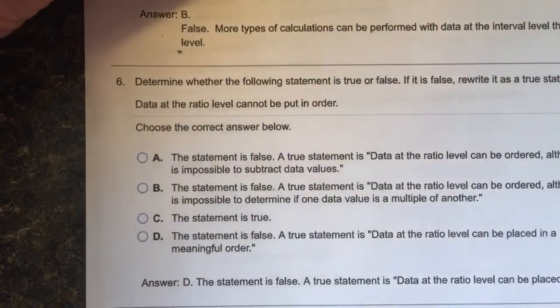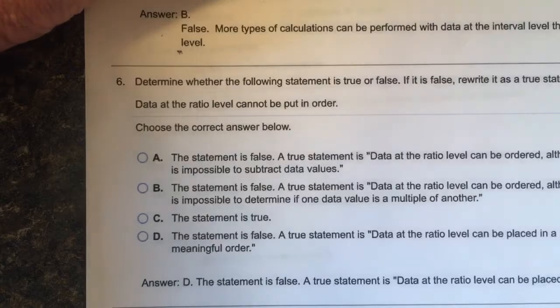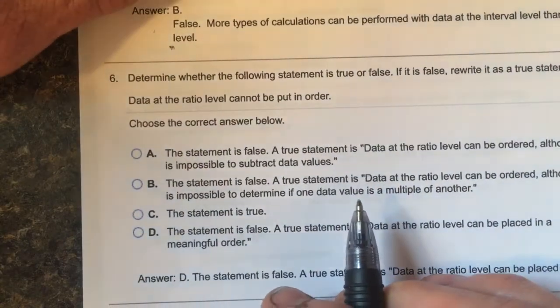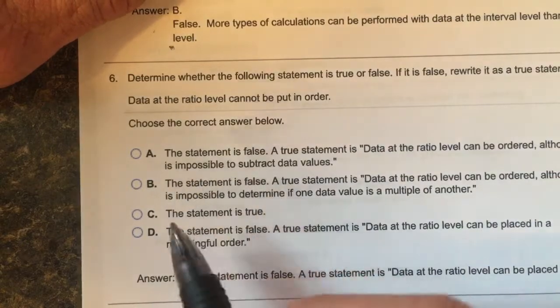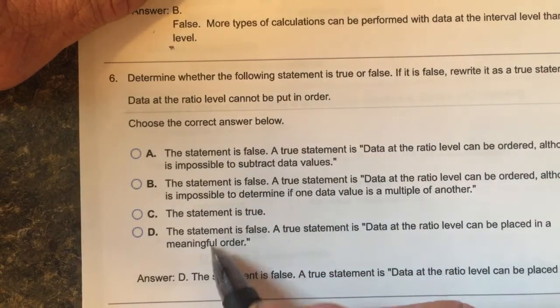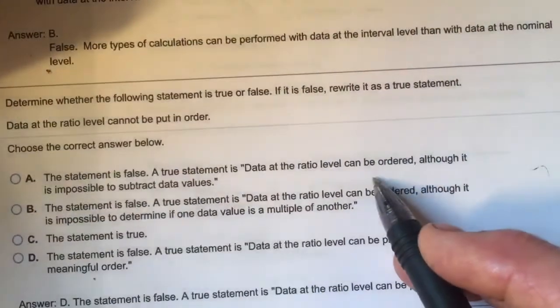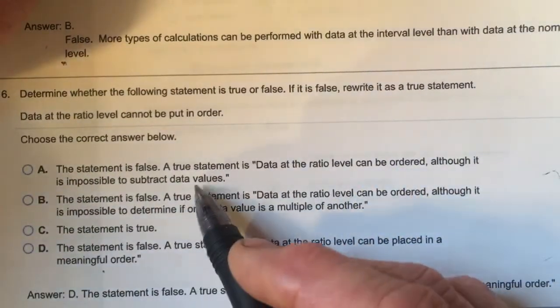6 here. Determine whether that's true or false. Data at the ratio level cannot be put in order. Now that's wrong. Ratio, you can do everything with it. All right, so that's false. So that's got to be A, B, or D. And you just read the statement here. Data at the ratio level can be ordered, although it's impossible to subtract value.